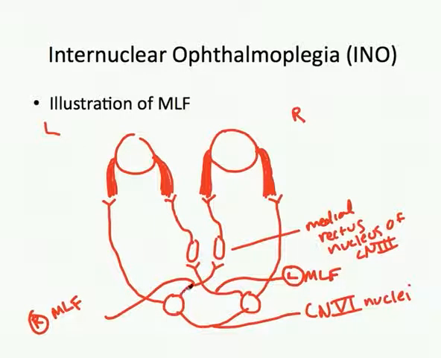But you have damage to this right medial longitudinal fasciculus, so no signal is getting through to the right medial rectus nucleus of CN3, and so you're not going to be firing that medial rectus of the right eye. So while your left eye abducts, your right eye stays in the same position, and that's called a right INO, which is caused by damage to the right medial longitudinal fasciculus.